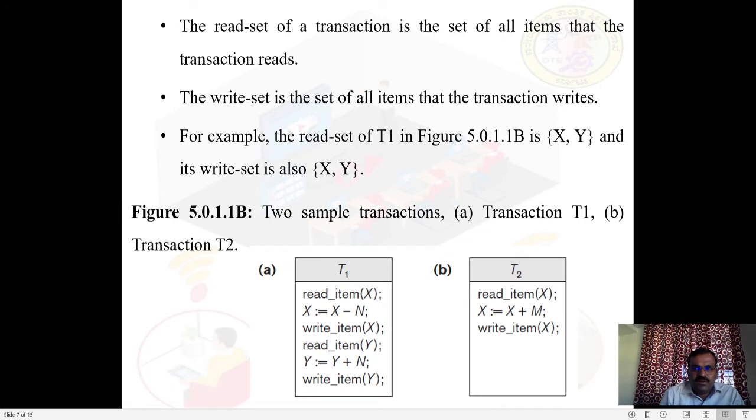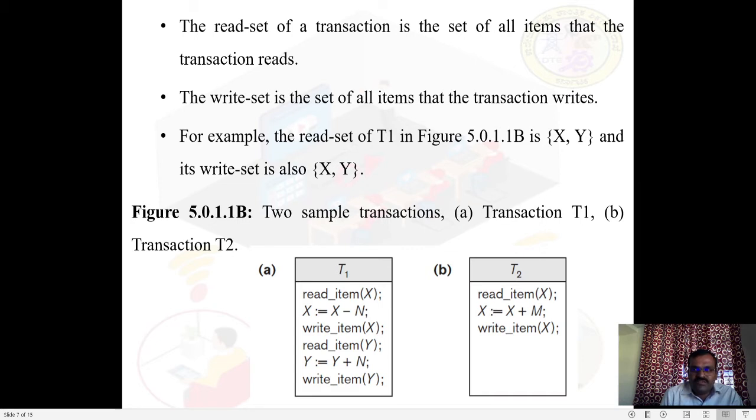The decision of when to store a modified disk block is handled by the recovery manager of the DBMS in cooperation with the operating system.